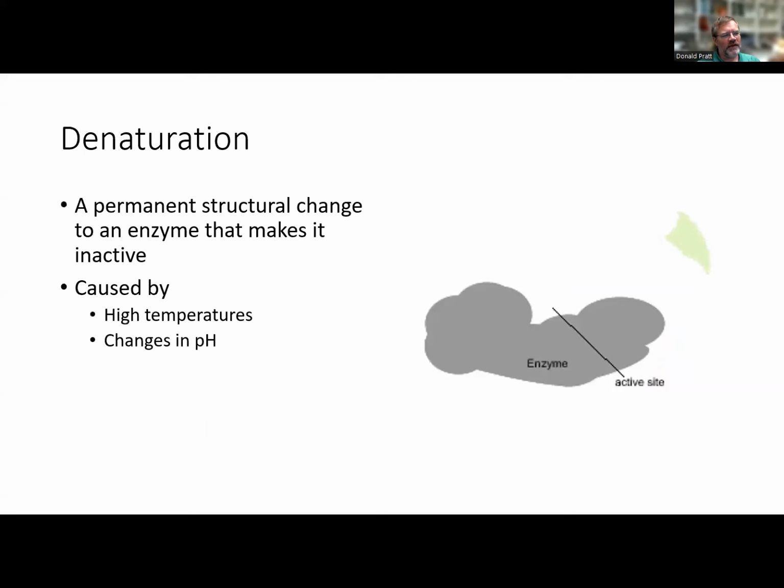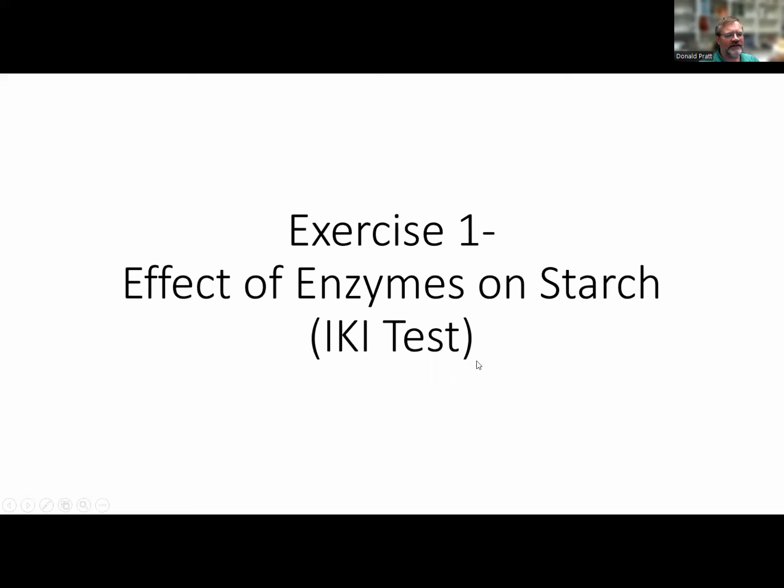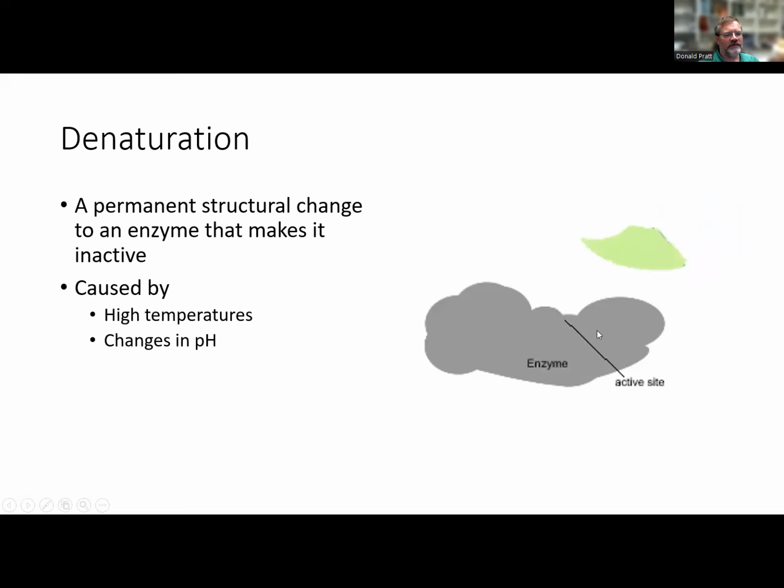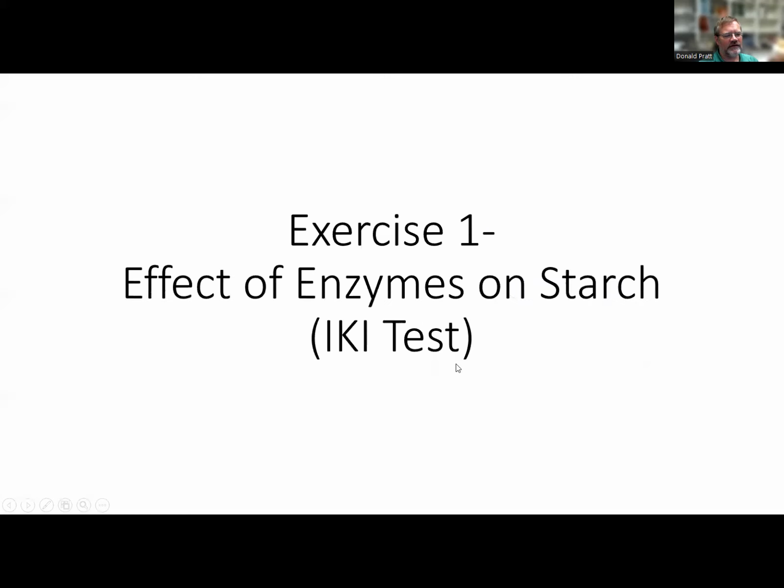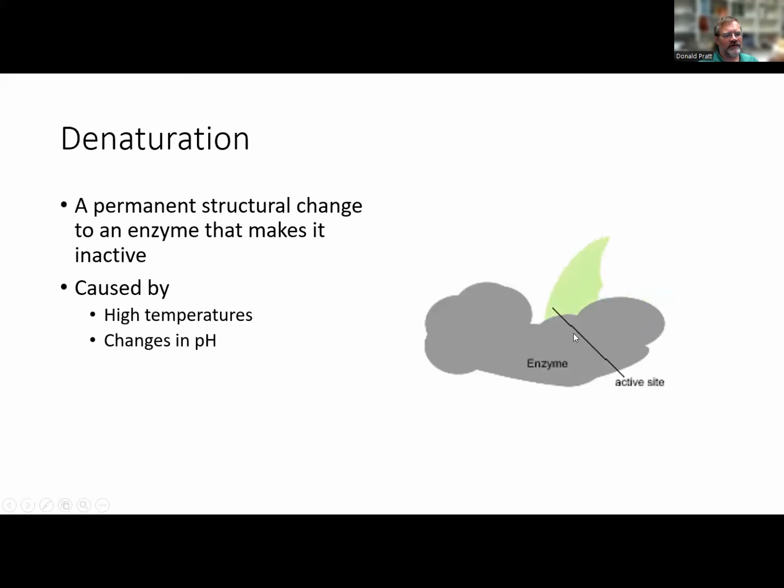Okay, now something that can happen is what we call denaturation. This is a permanent structural change to an enzyme that makes it inactive. If we look here, let's see if I can get this to run again. This bump right here causes that substrate to not be able to fit in. Okay, here we go.